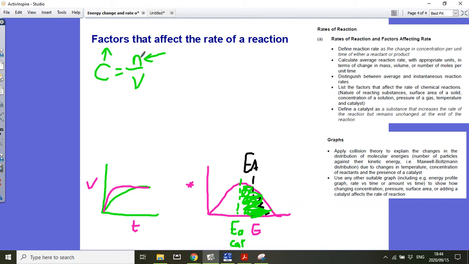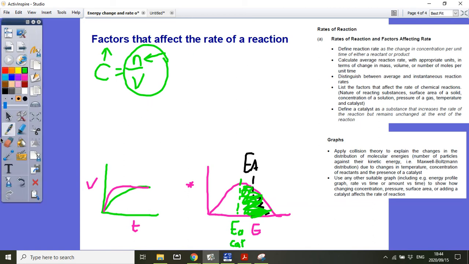So if my concentration increases, I might have more moles, but it could be because my volume is decreasing. It doesn't matter. Either way, there's going to be more moles per unit volume if my concentration goes up. So I'm going to have more particles, and that is going to be your first point.